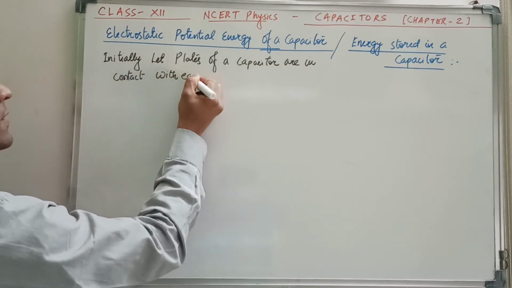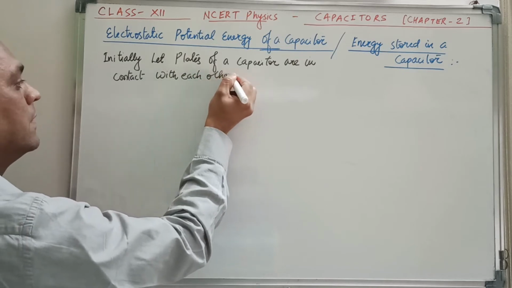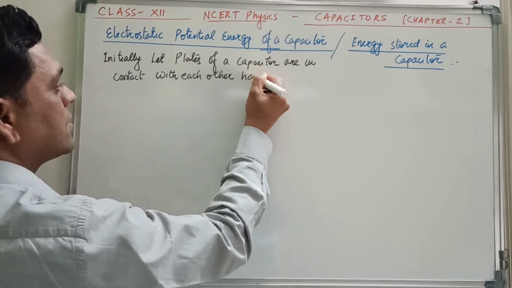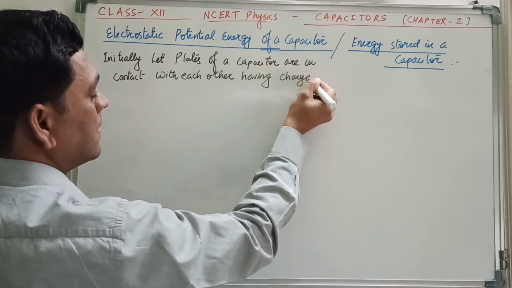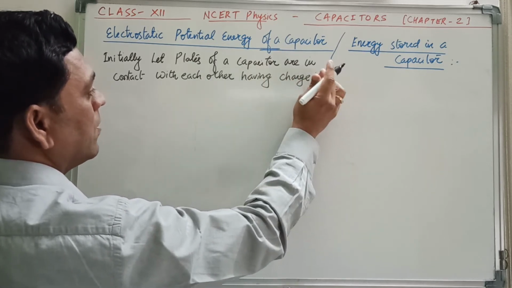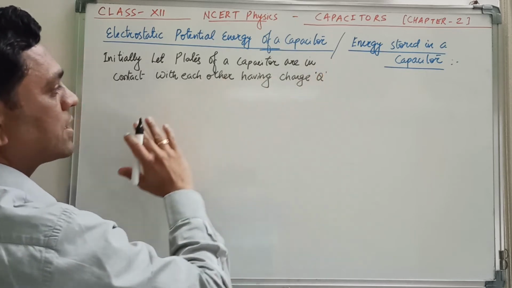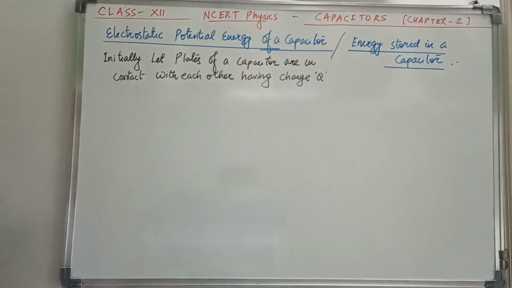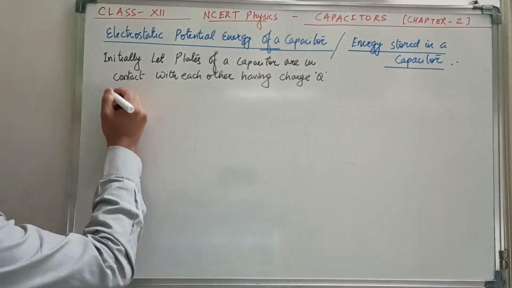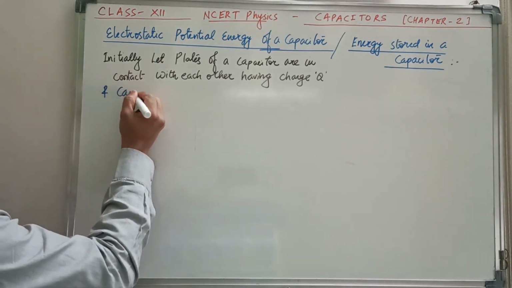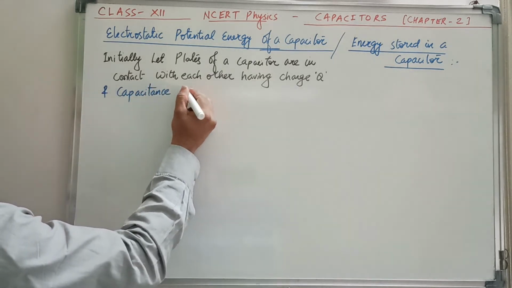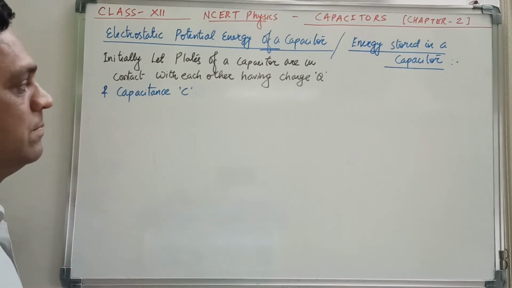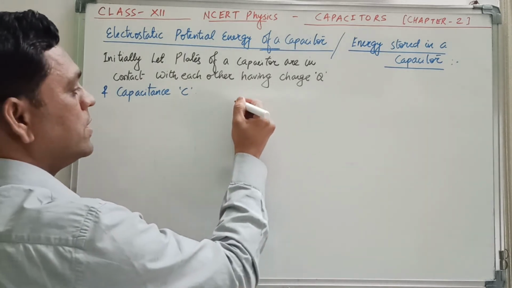Contact with each other, having charge Q. Obviously Q means plus Q on the one plate, and on other plate it will be minus Q only. Having charge Q, and let me write this capacitance C. Correct? So I show you this condition here.